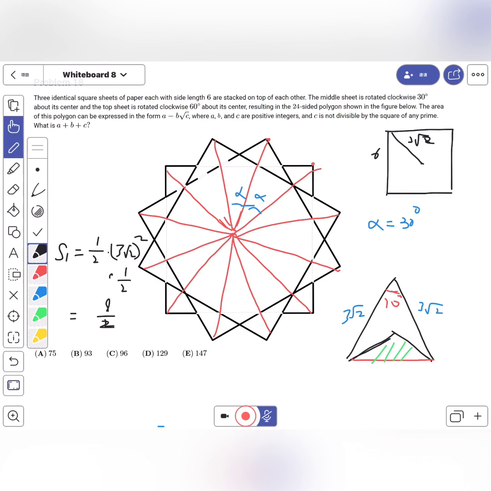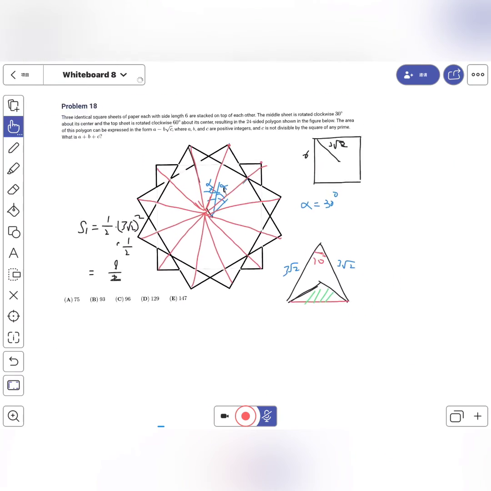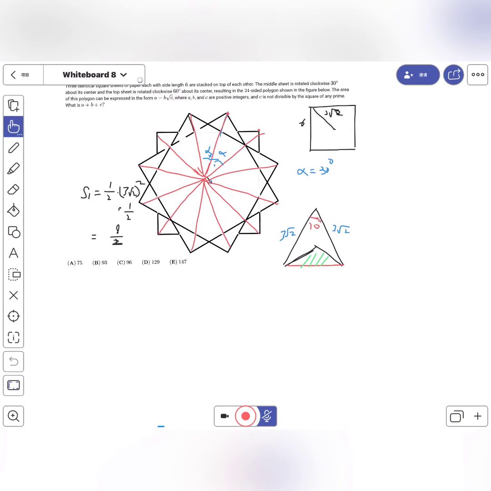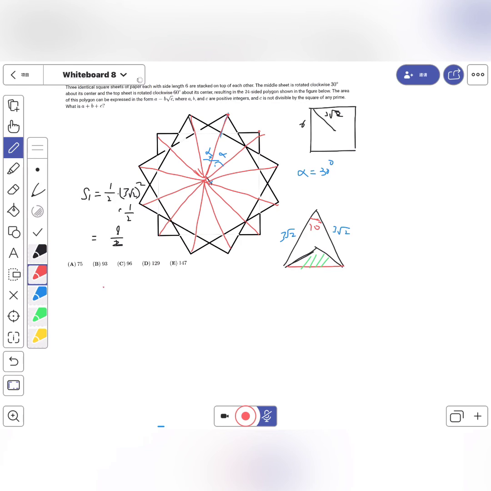How about the green area? Something that we have to memorize is that the area of an equilateral triangle with side s is equal to s squared times the square root of 3 over 4. So we do not really have to find the side length, the red length, but we only need to find the square of it and then multiply by square root 3 over 4.